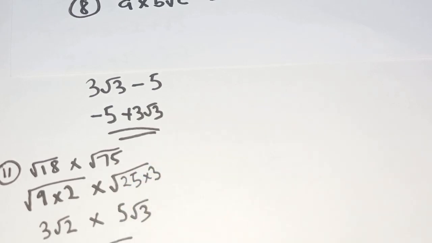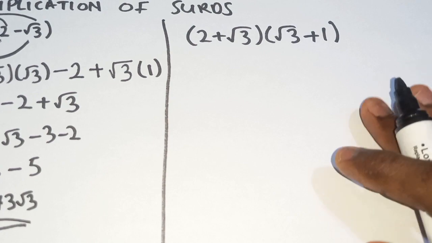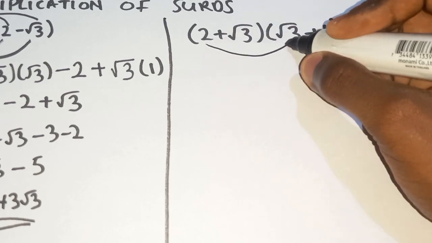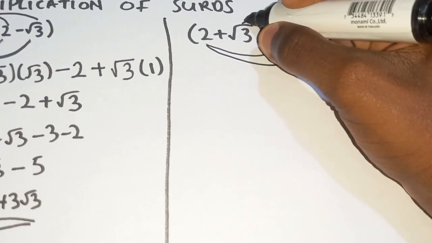Let's solve one more question to further understanding under the multiplication of surds. For this question, please try and pause the video and try solving it, and let's see whether we will all arrive at the same answer. Okay, let's continue. So we know that we multiply this to that, this to that, this to that.